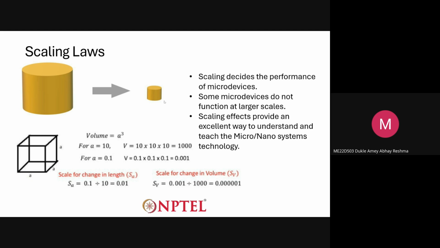It also provides very good efficiency. Just take an example of the CPU or processor in your computer. Earlier, when the transistor used to be very big, a lot of power would be required to push the electrons through that transistor.